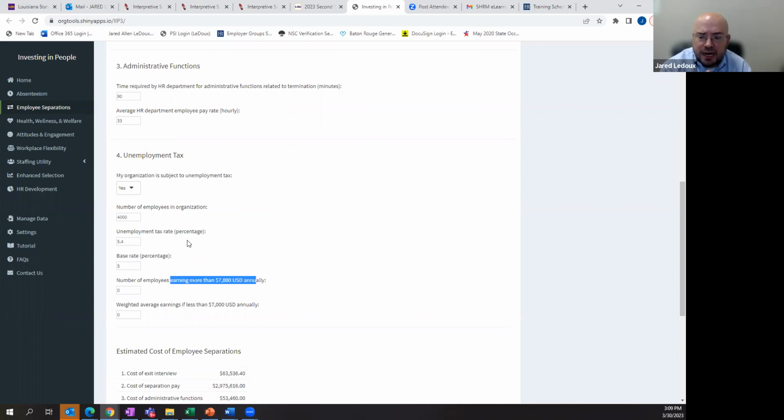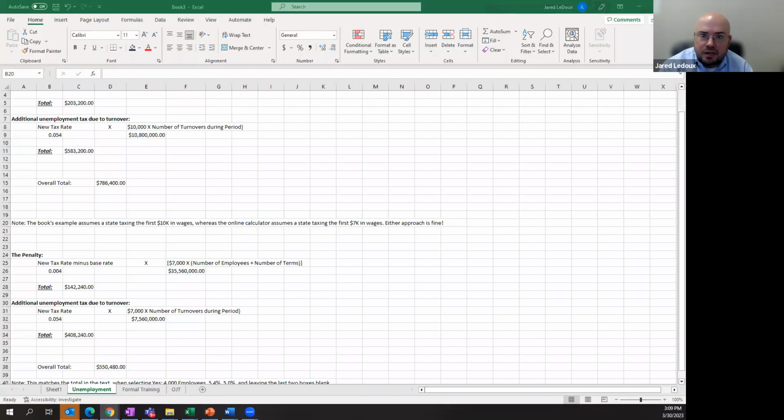But I wanted to highlight that in case you're trying to validate your numbers in both the calculator and on hand, it's going to be doing this a little bit differently. The calculator is assuming a first $7,000 earning tax versus your text example, which was the first $10,000 of the employee's earnings.